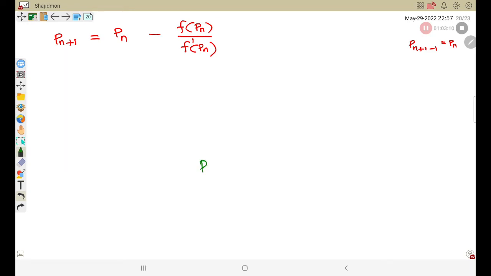For example, if you want P4, how do we write the rule? P4 before number is P3, minus f value at P3 divided by f dash value at P3, correct? Same idea here. If you want Pn plus 1, before number is Pn. So Pn minus f value at Pn divided by f dash value at Pn.